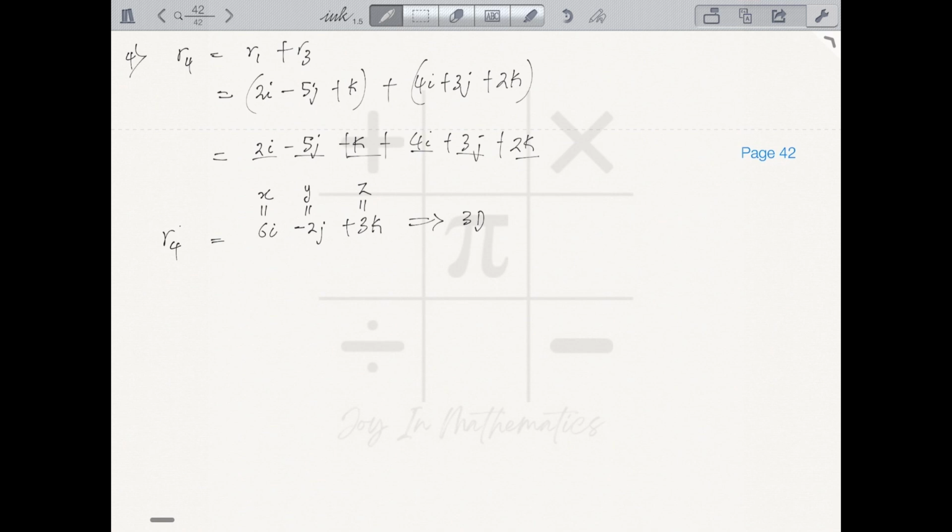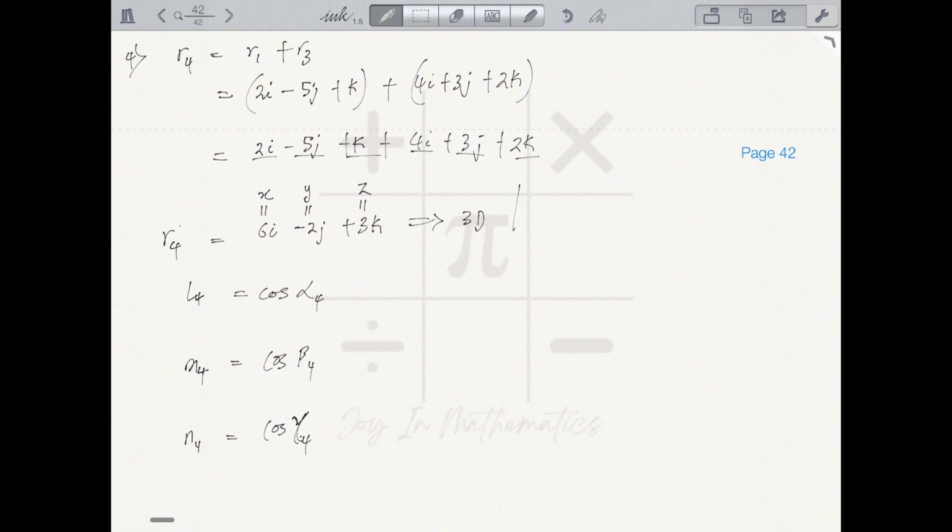Now, since it's a three-dimensional vector, we are going to have cos alpha 4, cos beta 4, and also cos gamma 4. Cos alpha 4 is equal to L4, cos beta 4 is equal to M4, and similarly, cos gamma 4 is equal to N subscript 4.